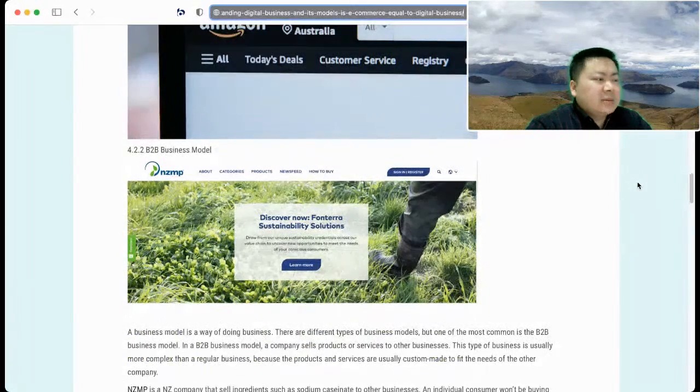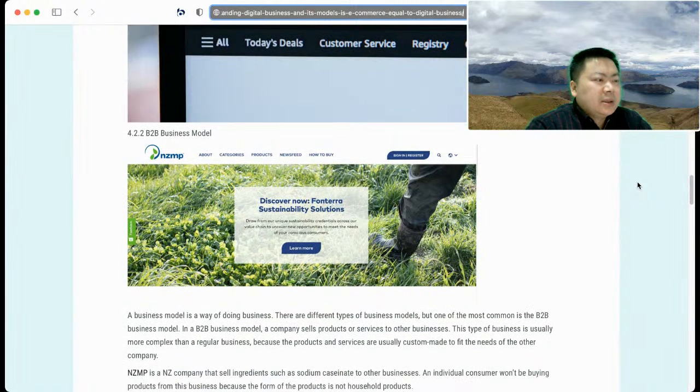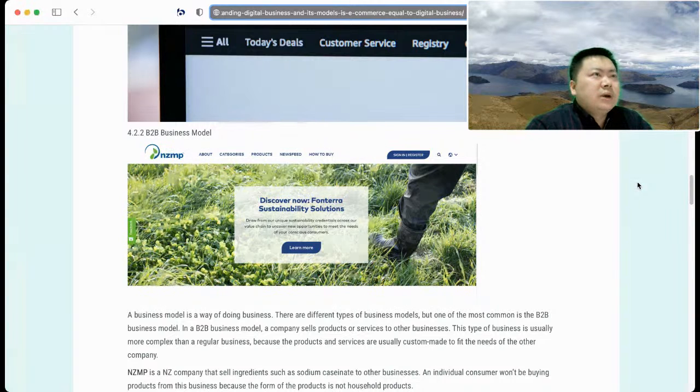The second type is B2B. NZMP is a part of Fonterra. They produce all kinds of ingredients, such as sodium caseinate, which is a chemical material that will be used by a biological company to produce their products.